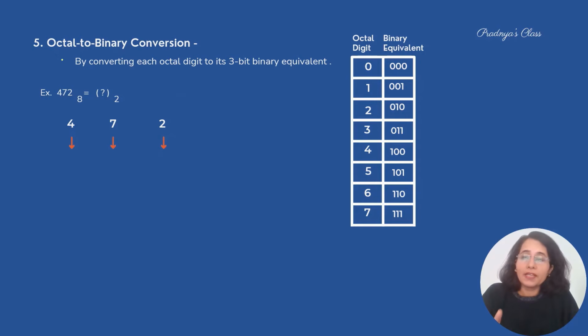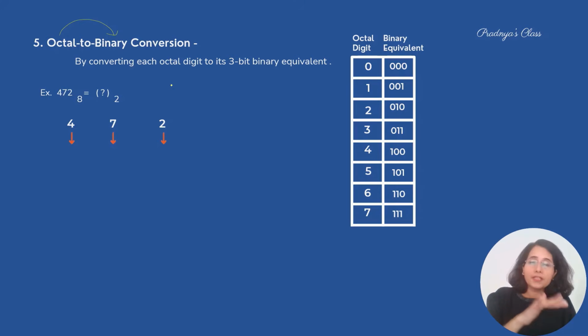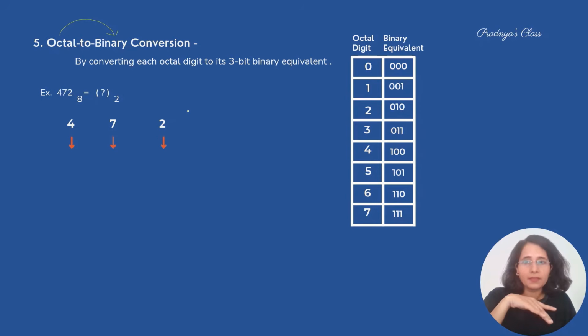Now let's understand octal to binary. Not from decimal, not to decimal. This conversion is from that third set which I have categorized to make it simple. Now how to convert octal to binary? If you remember, I have written there direct conversion. So direct conversion means what?